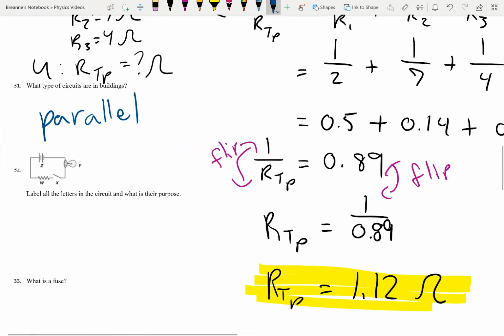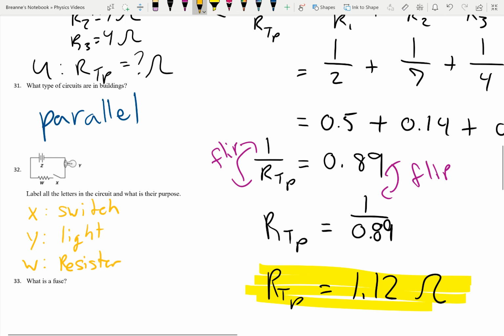So it says label all the letters in the circuit and what are their purpose. So let's start with, I guess, X. So X is a switch, and it's a safety mechanism. So you can turn off the circuit if need be. Y is a light bulb, so it produces light. W is a resistor.